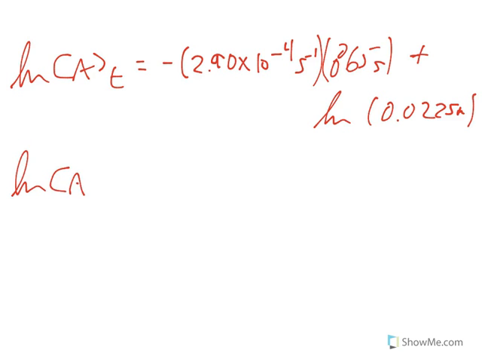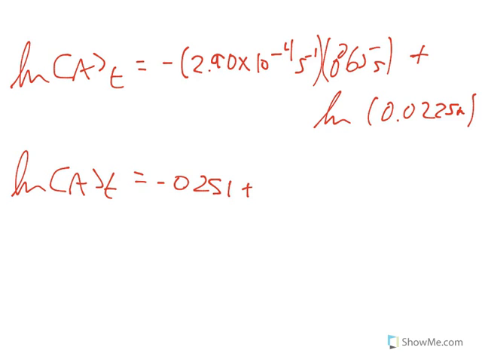So the ln of A_t, I'm going to go ahead and multiply k and t together. So 2.9 times 10 to the minus 4th times 865 gives me, and I have to remember to keep my negative sign out there, 0.251. Then I'm going to add this to the natural log of 0.0225.